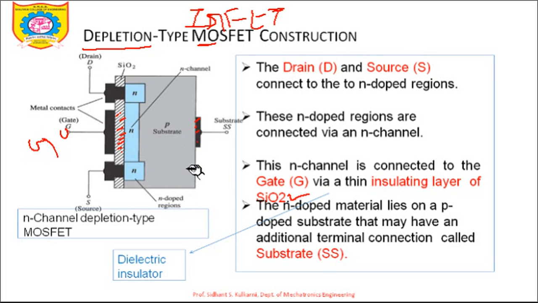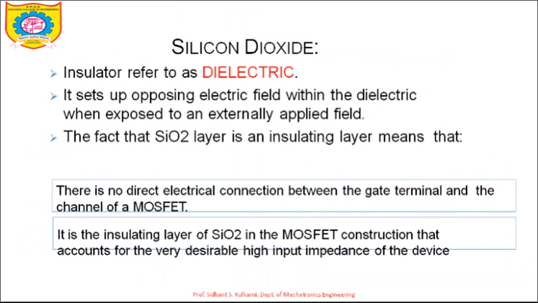Now the working we will see in detail. Silicon dioxide is an insulator referred to as a dielectric. It sets up an opposing electric field within the dielectric when exposed to an externally applied field. As you know, biasing means applying external voltages.